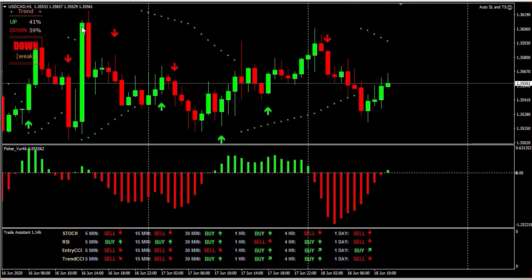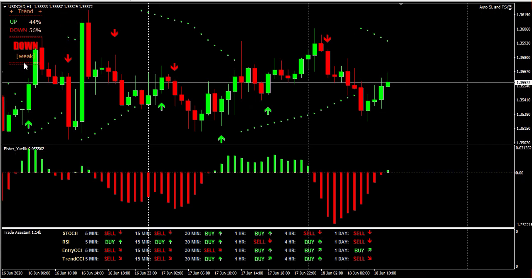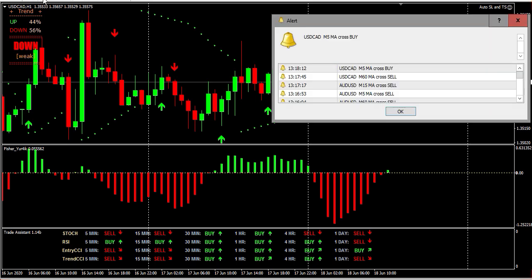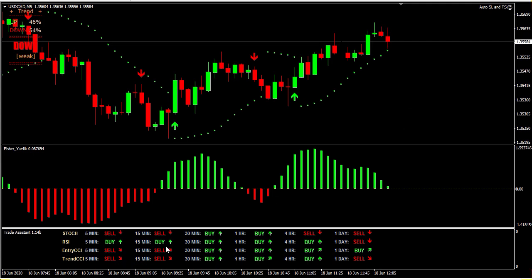Here also it is showing you the market is down but it's weak, and this is on the 1 hour. That means the market has started going up now. So let's have a look here at the 5 minutes. In 5 minutes the market has started reversing, coming back down, and you're getting sell signals.